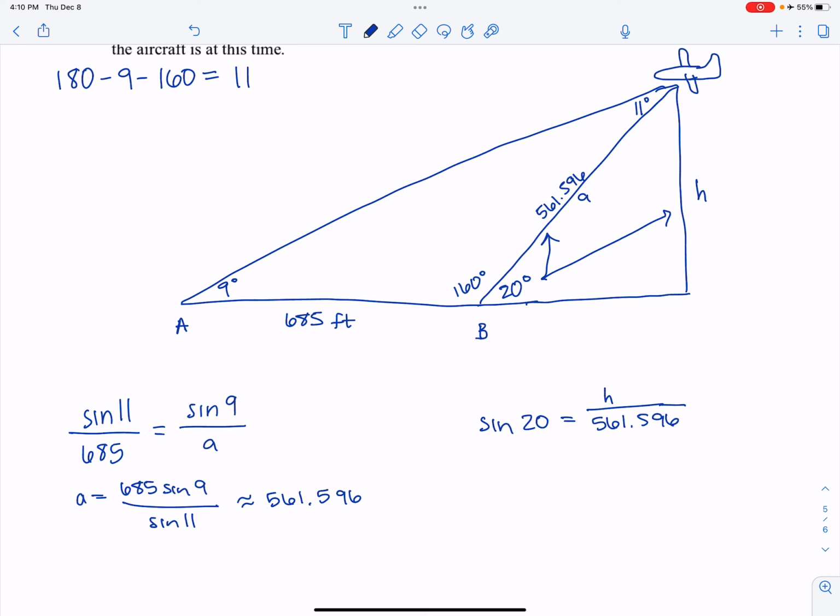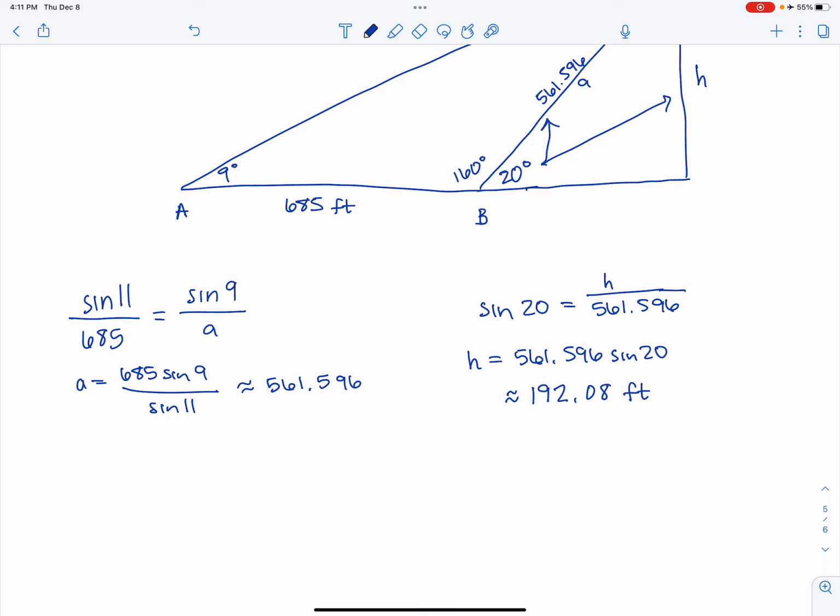So if I multiply the 561 over, my height is 561.596 sine 20, which is approximately 192.08 feet.